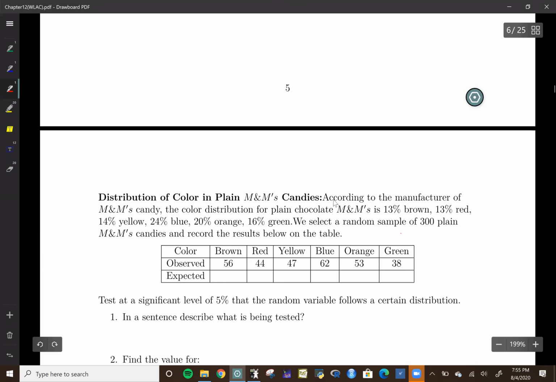It says, according to the manufacturer of M&M candy, the color distribution for plain chocolate M&M is 13% brown, 13% red, 14% yellow, 24% blue, 20% orange, and lastly, 16% green. This is the distribution that they wanted to hold when you get a bag of M&M. So if you notice, which color should we have the most of?